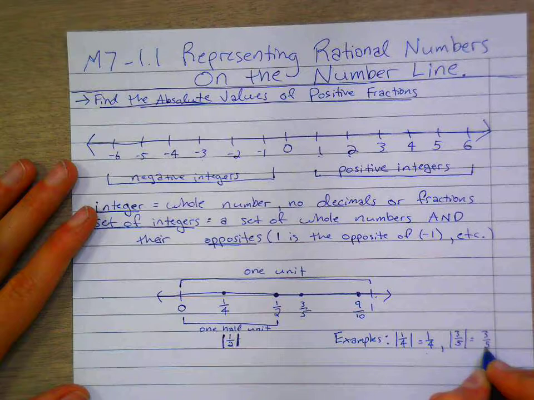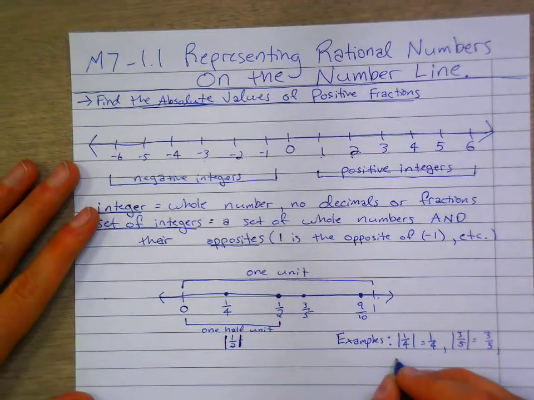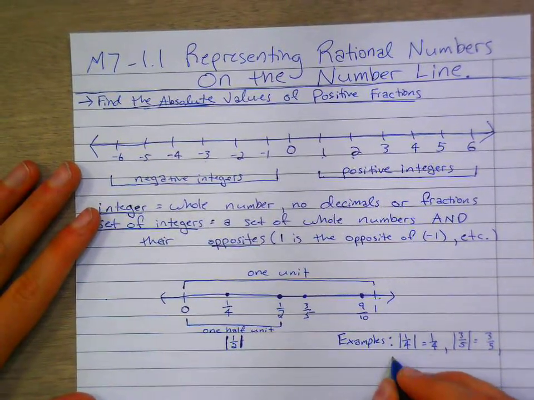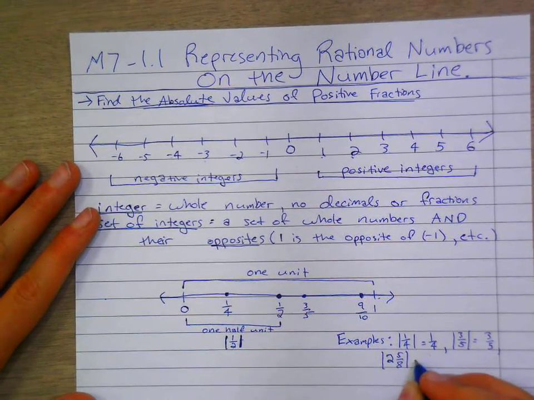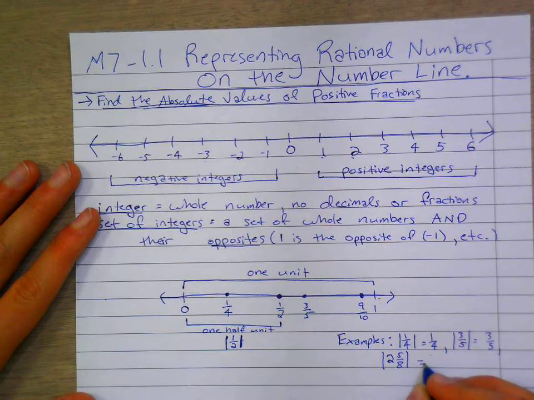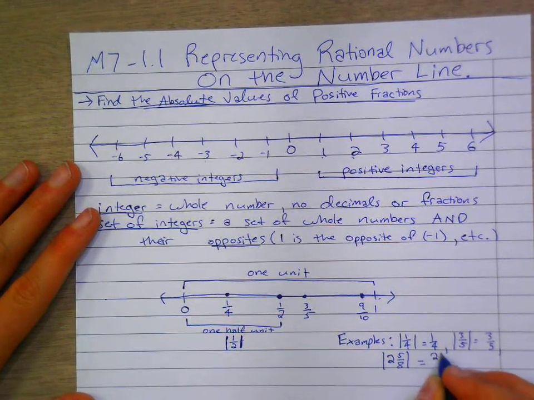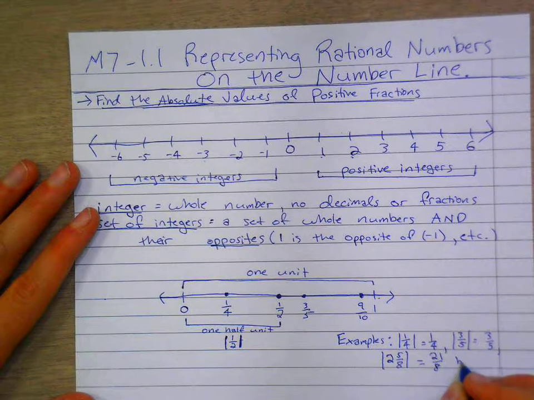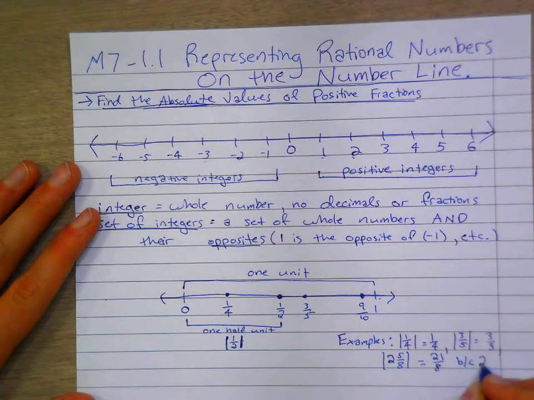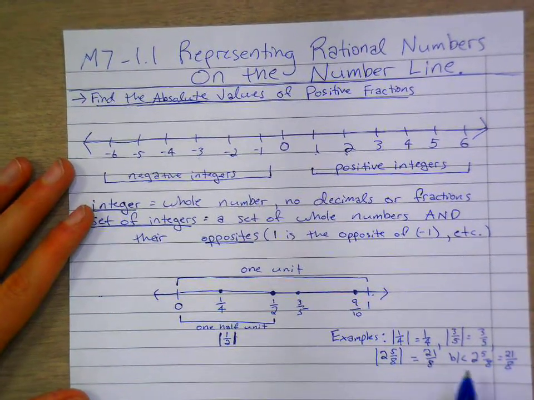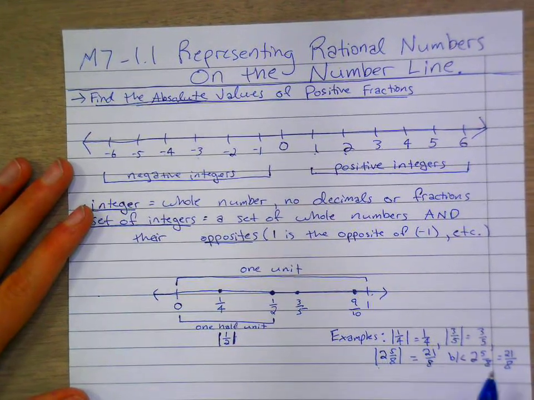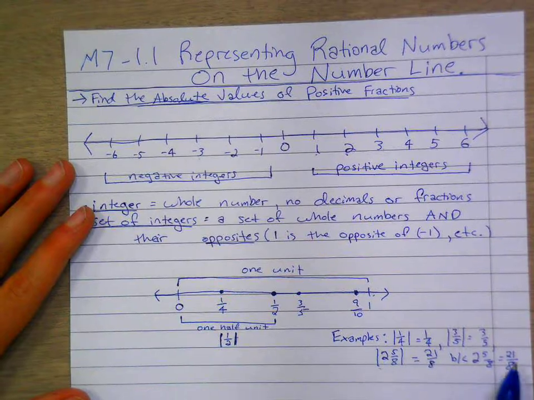And finally, 2 5/8 units away from 0 equals 21/8 because 2 and 5/8 is equal to 21/8. Therefore, this value away from 0 and this value are both equivalent to this value. And that is our example.